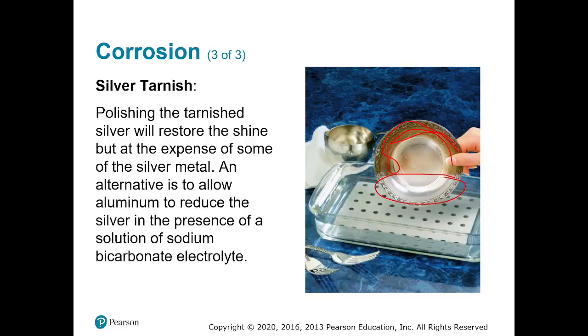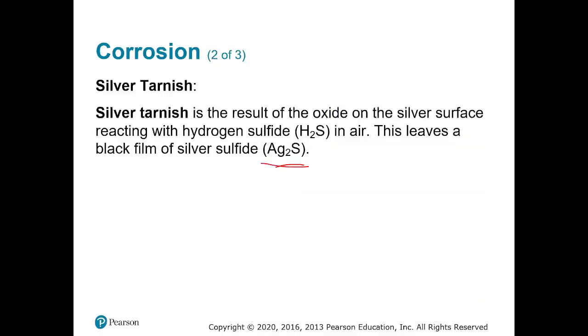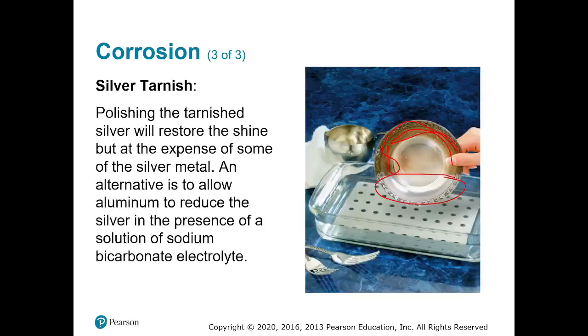But what's going to happen is we're actually polishing off the silver that's reacted with the sulfide. And so that silver sulfide, when we're polishing that off, we actually do lose all that silver.